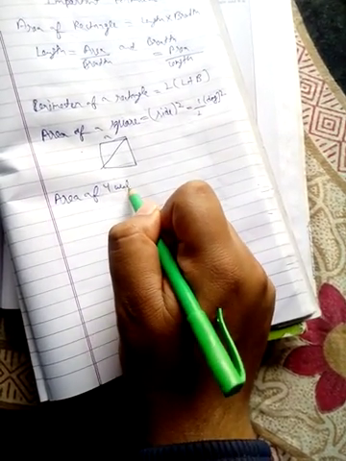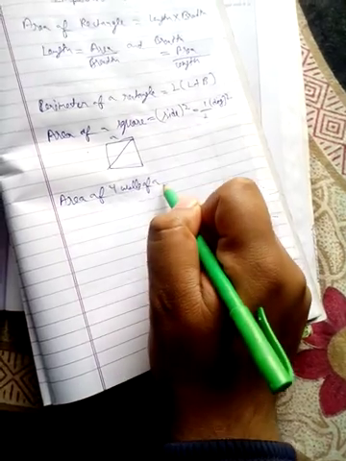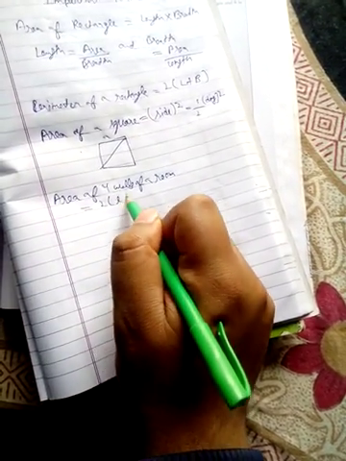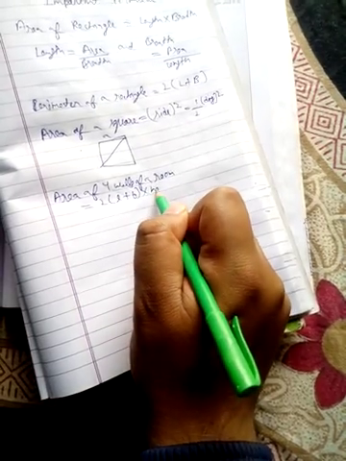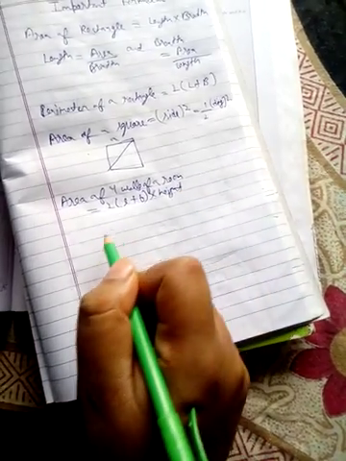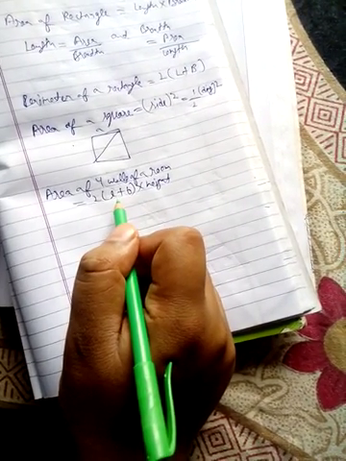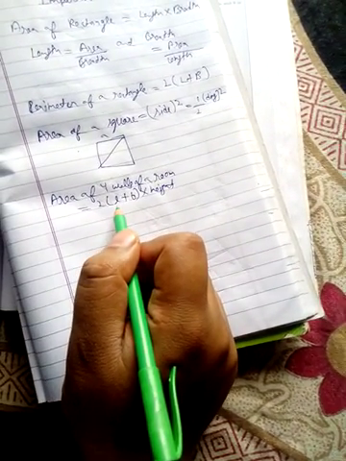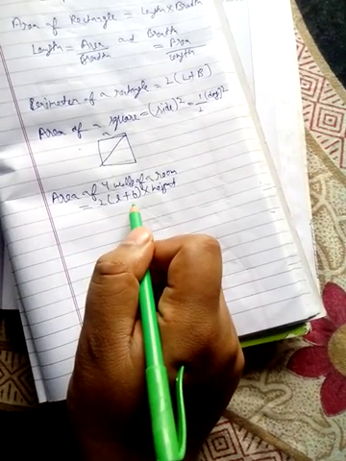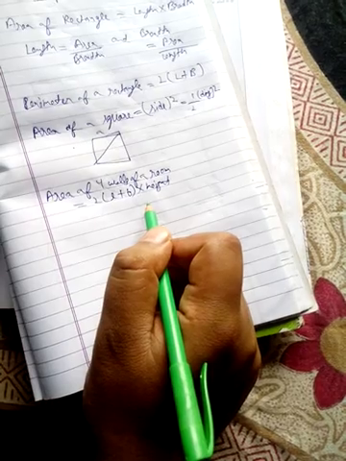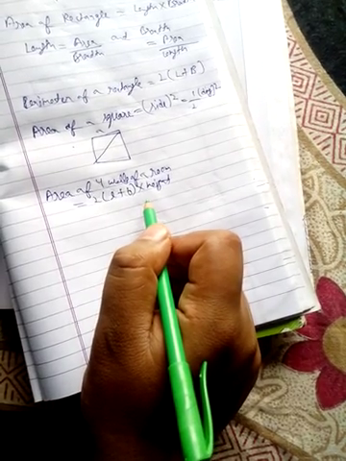Area of 4 walls of a room is 2 into length plus breadth into height. You all know length plus breadth means perimeter, and into height, and we can get the area of the 4 walls in the room.